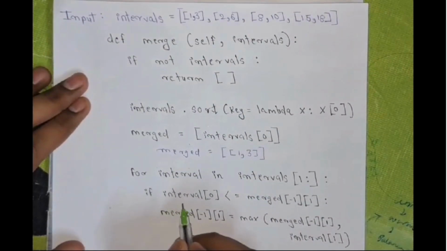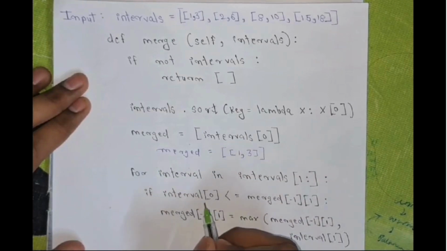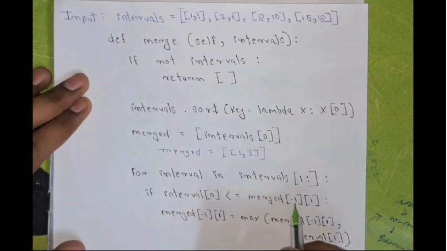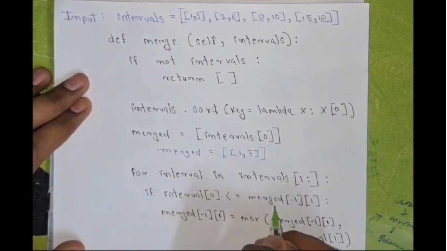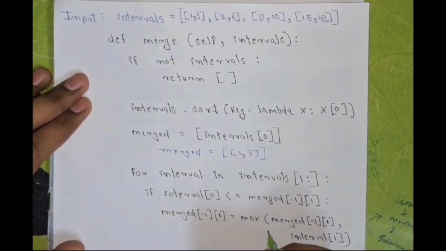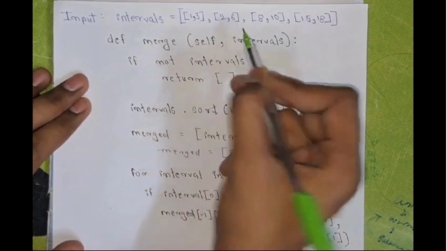This line of code tells us that if interval[0] is less than or equal to merged[-1][1]: interval[0] is 2 and merged[-1][1] is 3. As 2 is less than 3, merged[-1][1] equals the max of merged[-1][1] and interval[1], and interval[1] is 6, the end element of the interval.